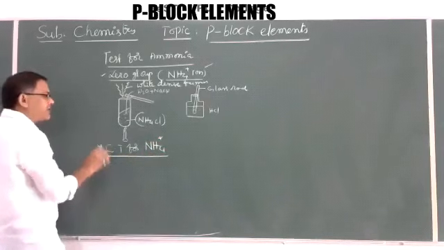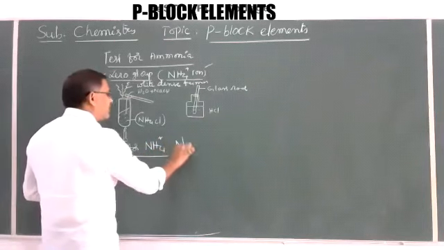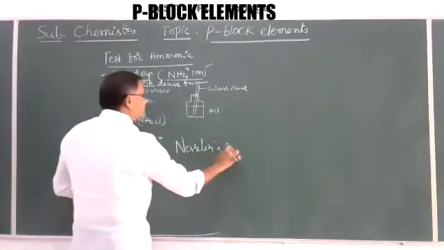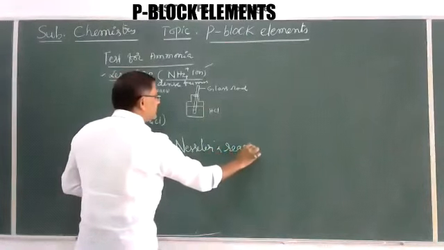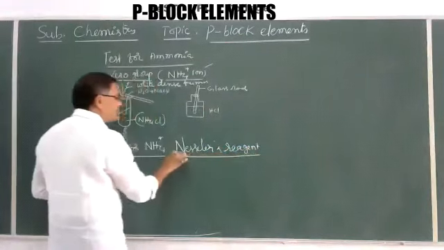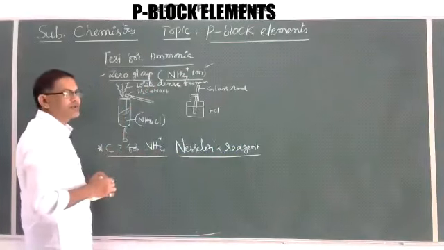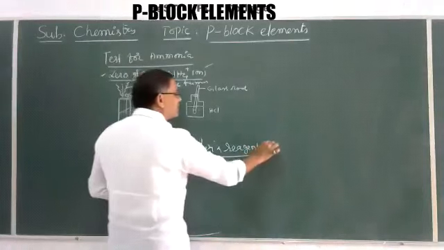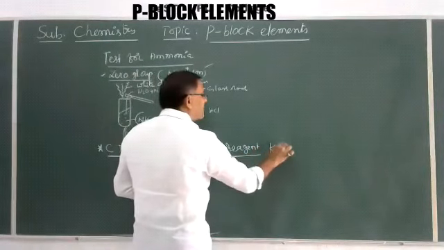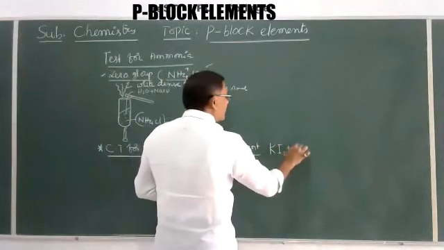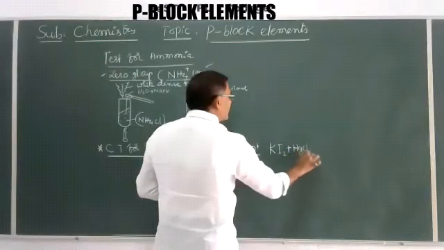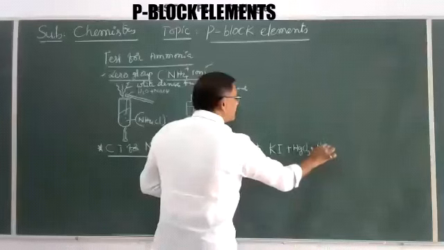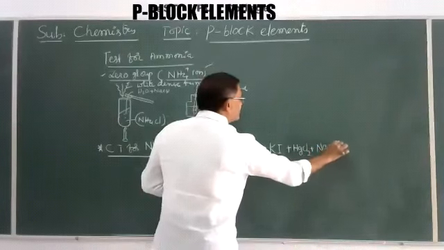For this confirmatory test, we can use Nessler's reagent. This Nessler's reagent is a ready-made solution available in the laboratory. Nessler's reagent is generally prepared by using potassium iodide, HgCl2 and NaOH.